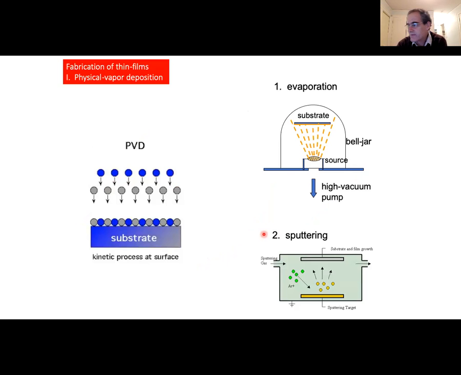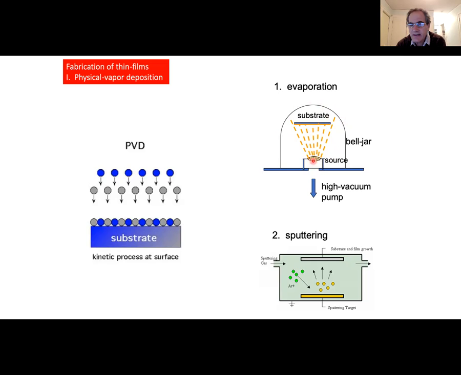So thin films of materials can be made by a variety of processes. And one type of process is called physical vapor deposition. In physical vapor deposition, we simply deposit layers of material from some source, and these form a thin film on the substrate. Maybe the simplest way to imagine this is what's called evaporation. In evaporation, we have our substrate and our source inside of a bell jar in a high vacuum.